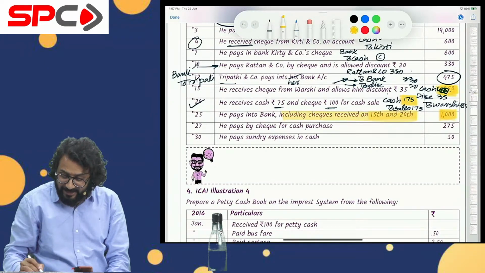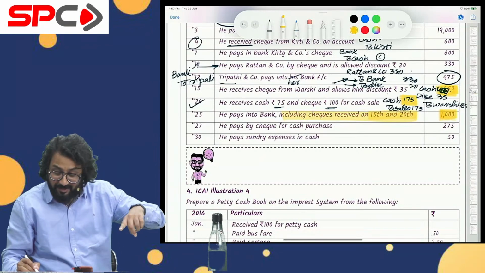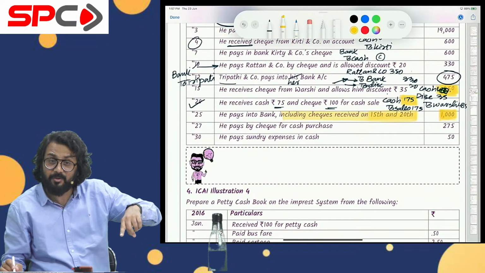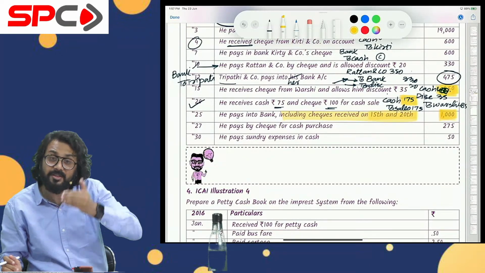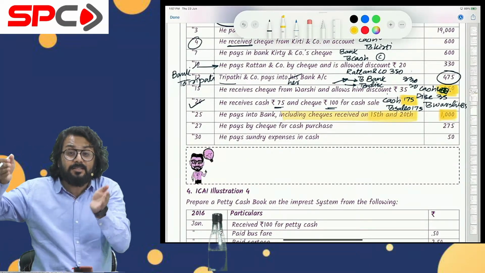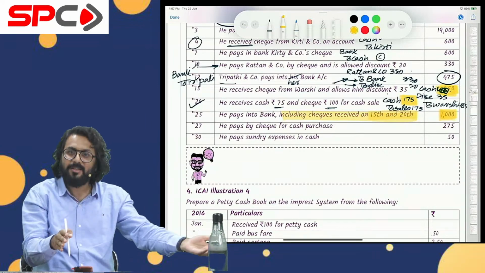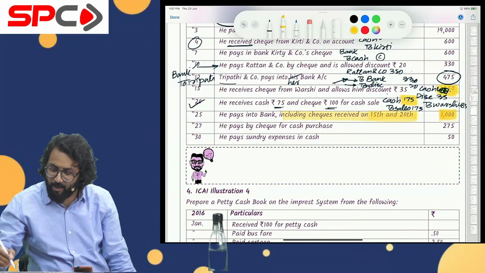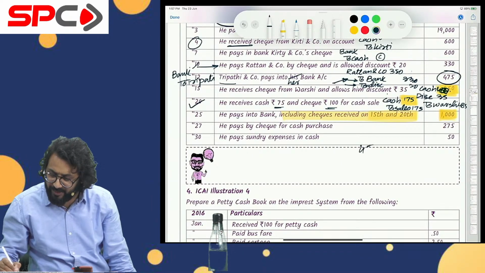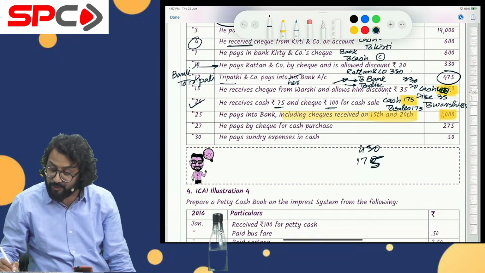There were many others and mom. So when they say he pays into the bank including check received on 15th and 20th, that does not mean he has deposited only what I received on 15th and 20th. The 15th and 20th are included. There can be many others also. So he is depositing how much? 1000. But how much did I receive from Varsi? 450. How much for sale of goods? 175. Some of the students get confused.